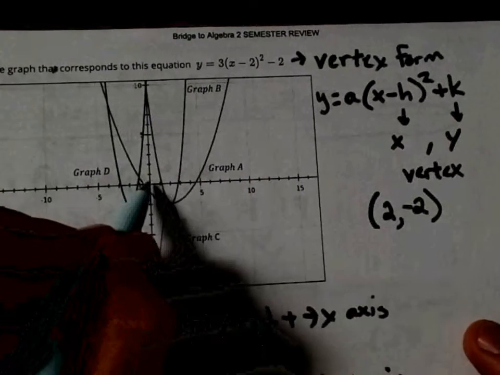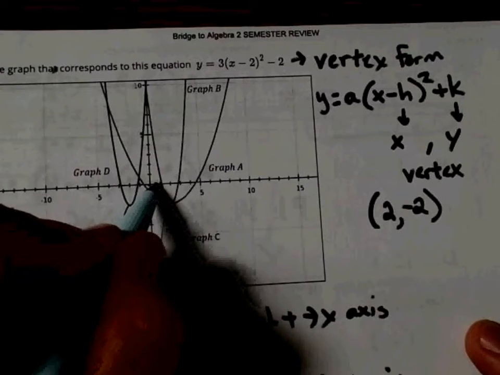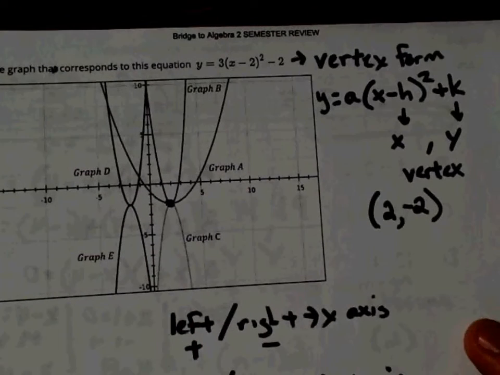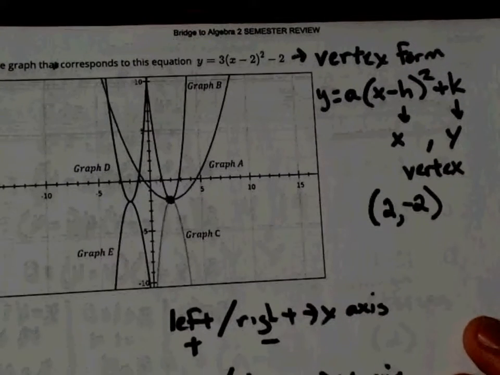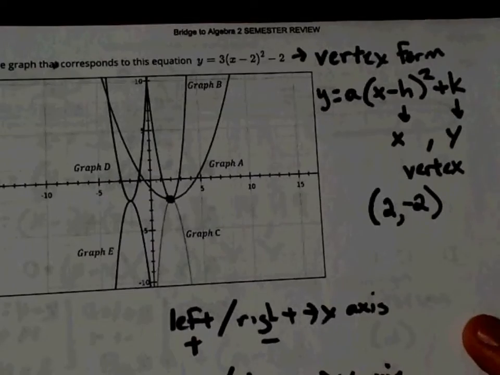Okay? And so from the origin, do I have a graph that's going from here 1, 2, down 2? Did I put a point on there? And isn't that the representation of the vertex? So how many graphs have that vertex? 3 of them. So the other ones that don't, I can eliminate them right off.